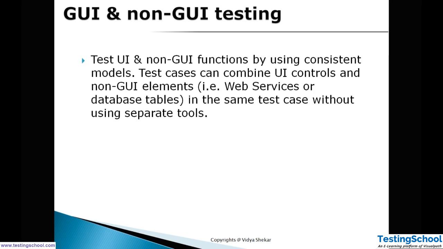For example, open source tools like Selenium mostly focus on the UI part of the application. If you want to work on web services, you have to shift to another tool like SOAP UI. You can avoid such complexity with Tosca, because Tosca supports both UI testing as well as non-UI testing.